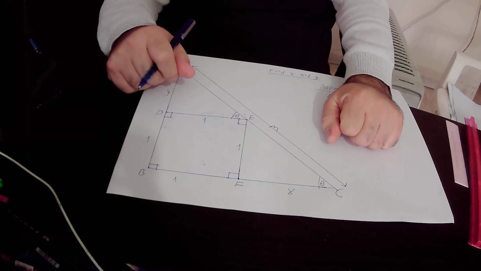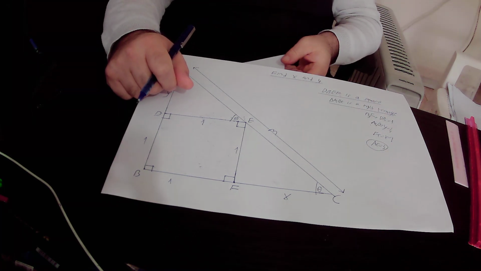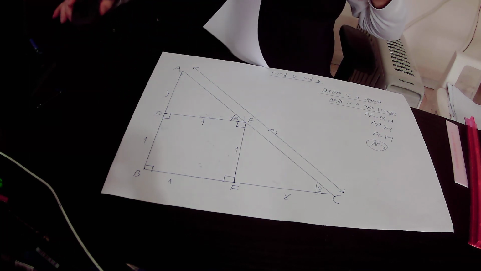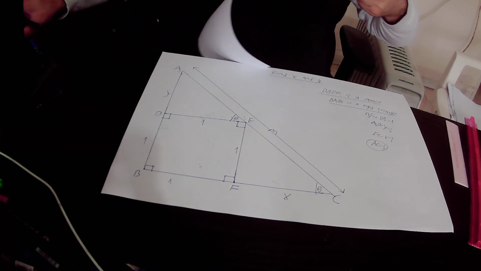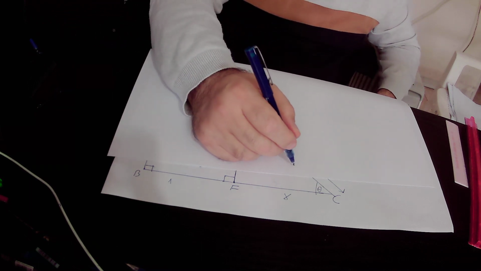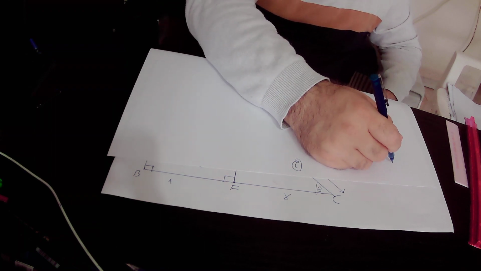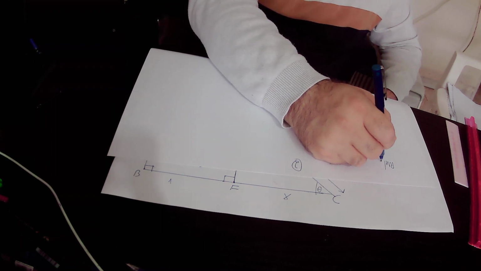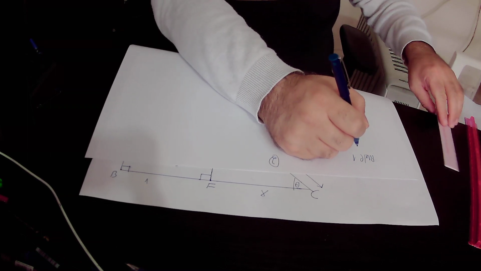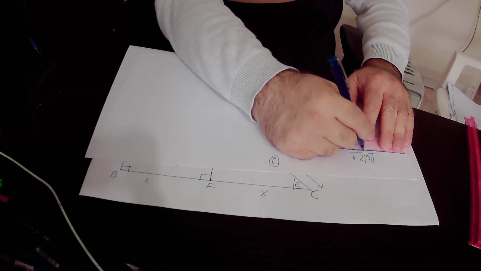In the next step I will present to you a new rule, rule number 2. According to rule number 2, the sum of the angles on one side of a straight line is equal to 180 degrees. I'll write it down.